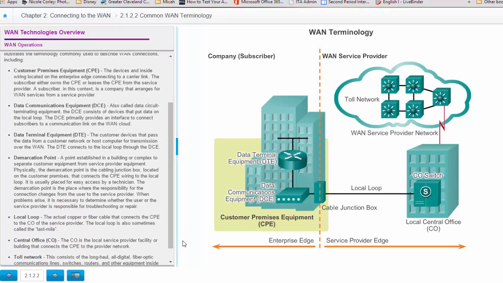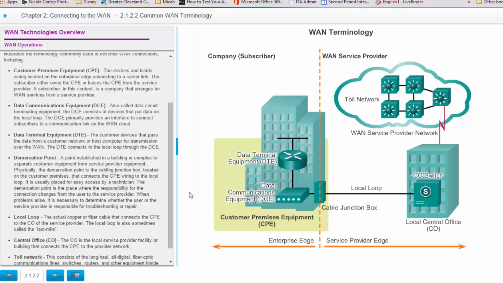We have the customer premises equipment, that is the device and inside wiring located on the enterprise edge connecting to a carrier's link. We have the data communication equipment, or the DCE, also called the data circuit terminating equipment. And the DCE consists of devices that put data on the local loop.